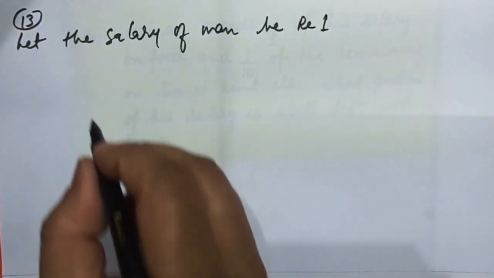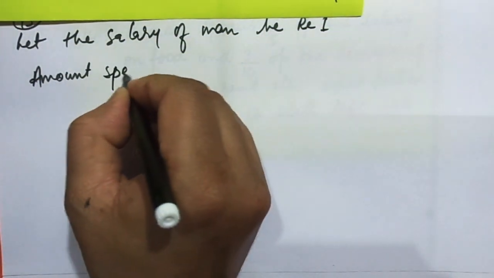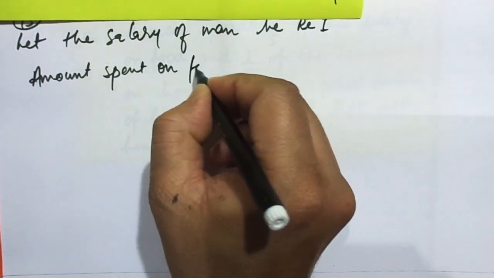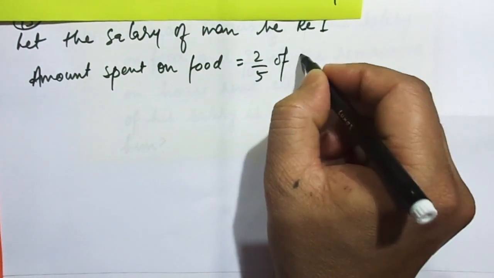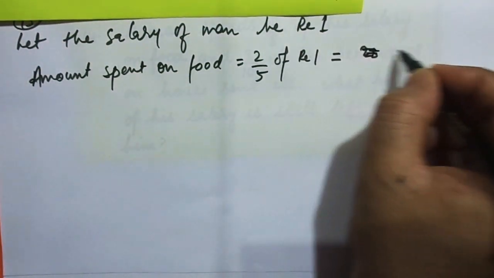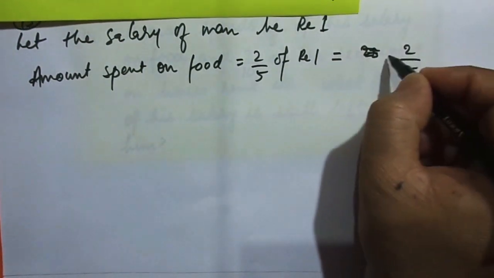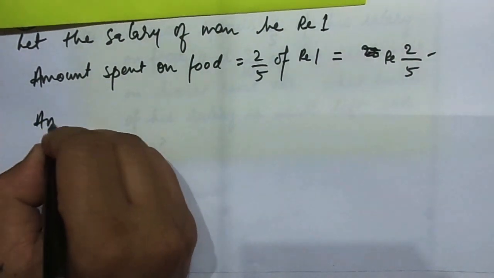Amount spent on food is equal to 2 by 5 of rupee 1, which will be equal to rupee 2 by 5.